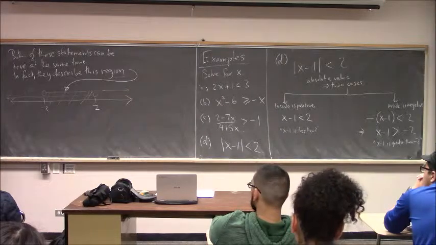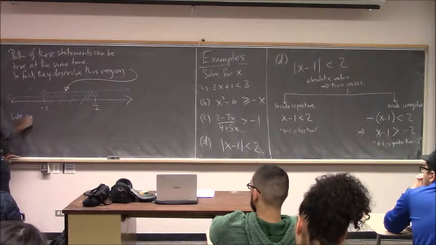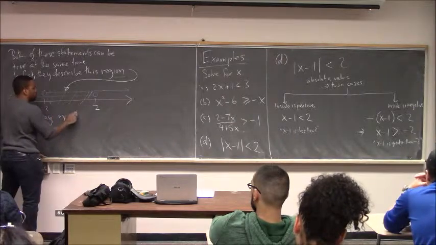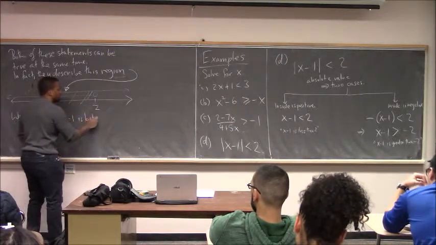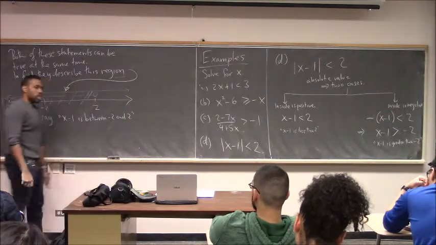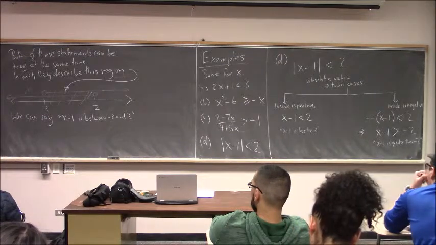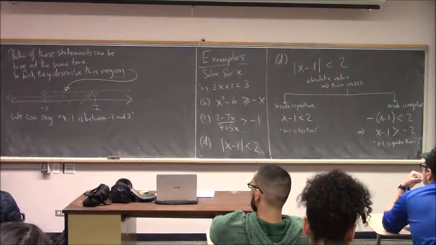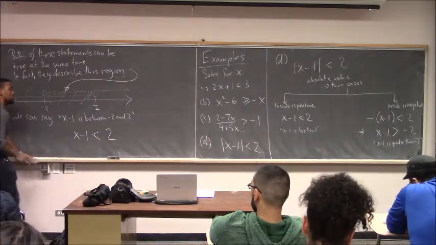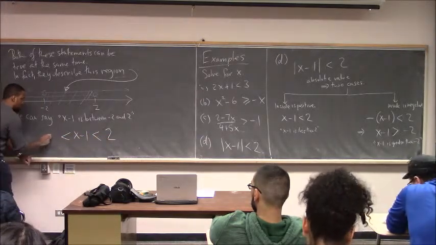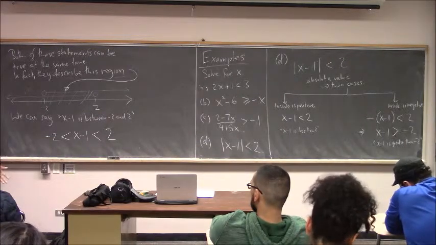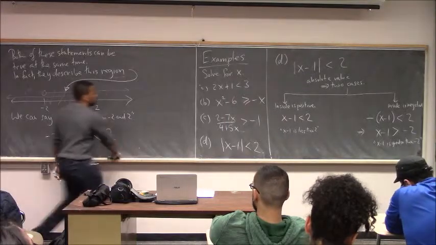In other words, we can say that x minus 1 is between minus 2 and 2. And another way to write this down with a shorthand is to have sort of a double inequality. You can actually say x minus 1 is less than 2, but at the same time, it's greater than minus 2.